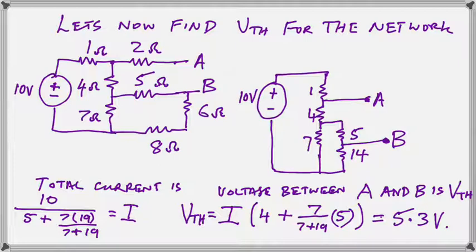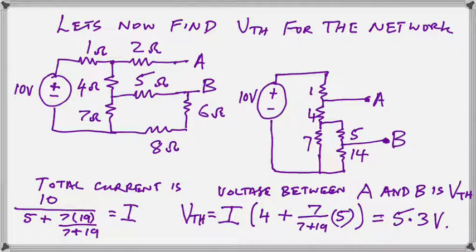And the other thing on the other side of the plus sign, when multiplied by the current, gives us the voltage across the 5 ohm resistor. We use the current divider formula, which is the other resistor over the sum of them.